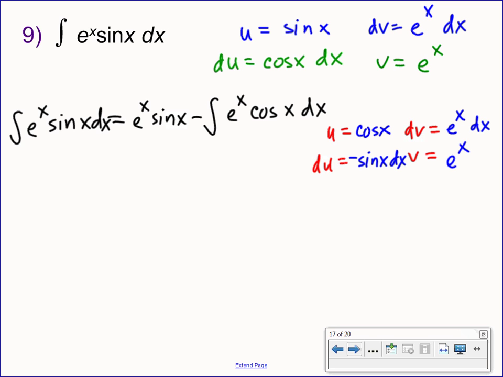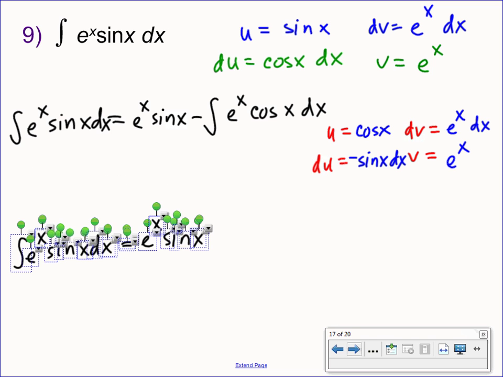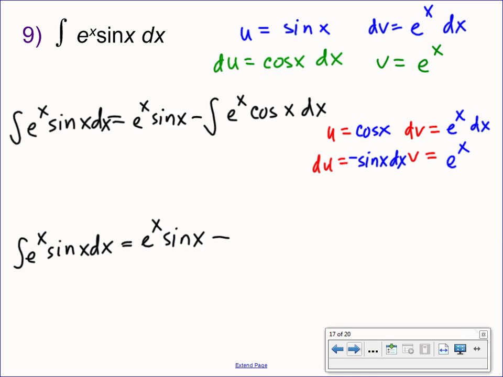Let's try. So we've got the integral of e to the x sine of x dx equals e to the x sine of x minus uv, which is e to the x cosine of x.